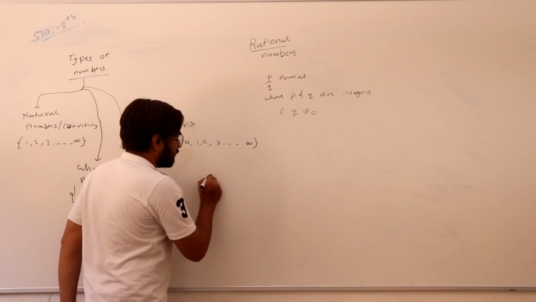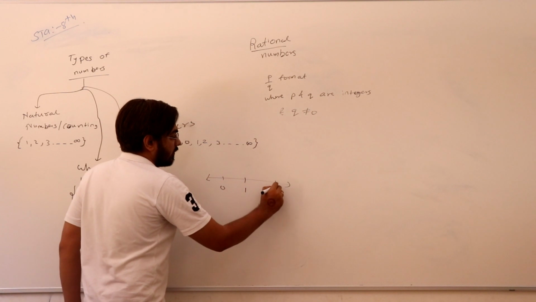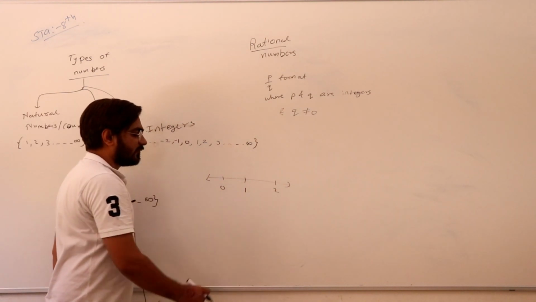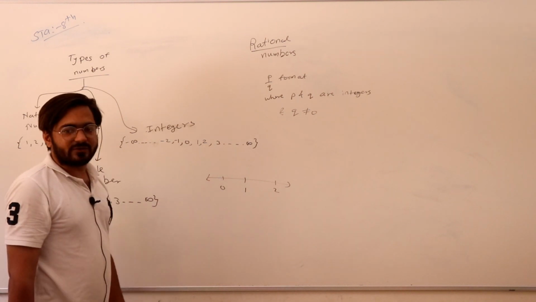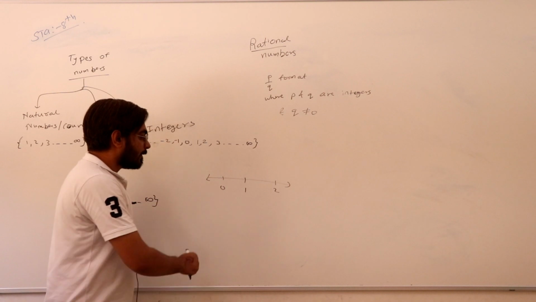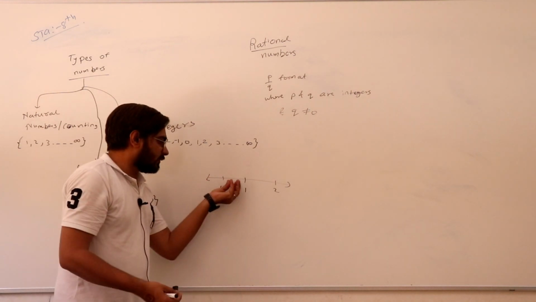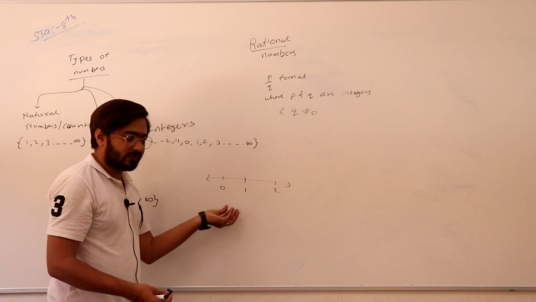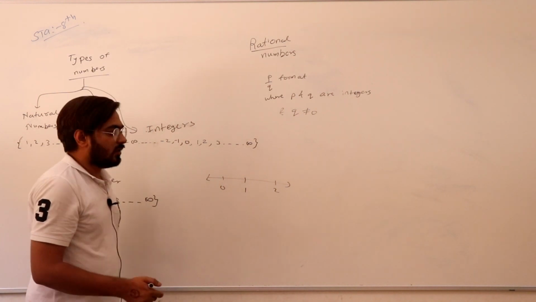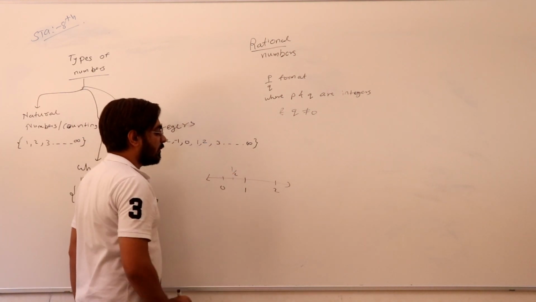But what are rational numbers exactly? On the number line, if I start putting these values, 0, then the next number is 1 according to integers, whole numbers and natural numbers. But there are infinite numbers between 0 and 1, which we already know, but have not really come across.